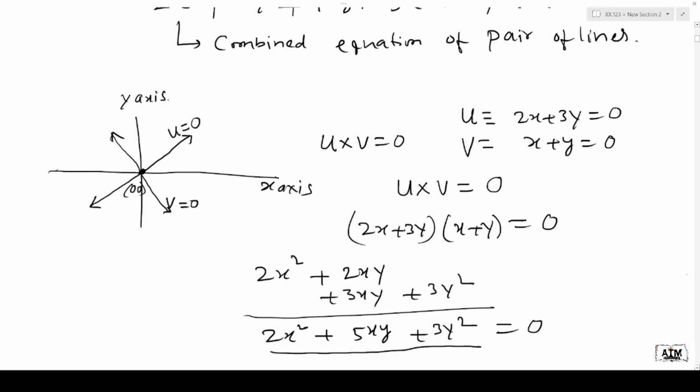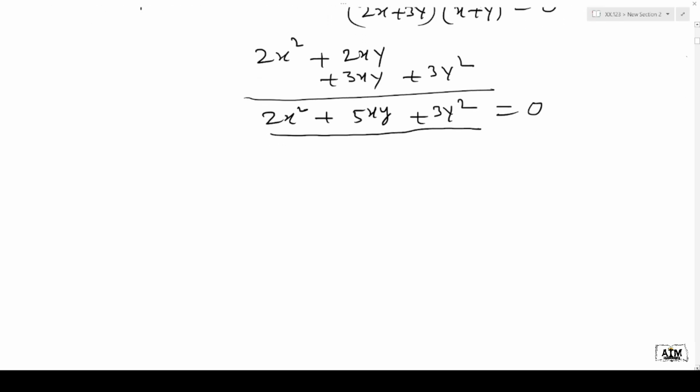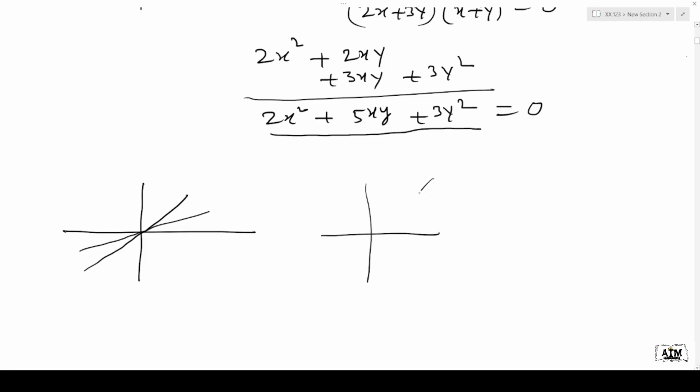So we learn one thing here, that there are two types of equations we get. One, when the two lines are passing through the origin, and the other, when the lines are not passing through the origin. When both the lines are passing through the origin, what can be the form of the equation, and when the two lines are not passing through the origin.